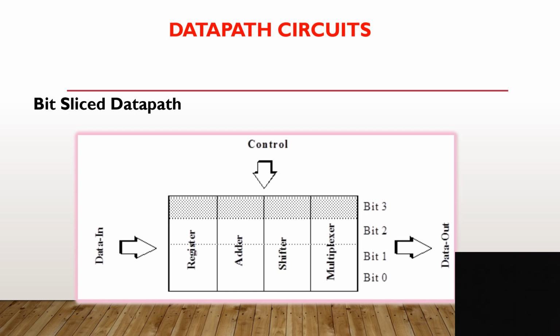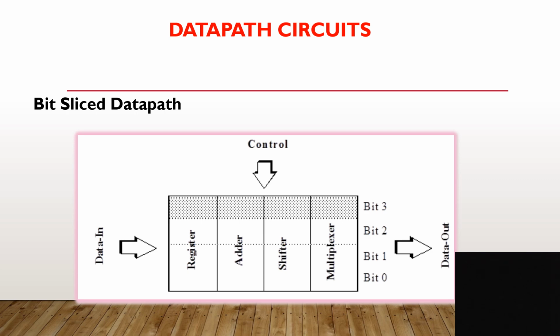Actually, the data path unit is always arranged in a bit sliced organization. What is meant by bit sliced is, for example, if you want to design a 128-bit data path unit in the digital processor, we have to design the data path unit only for 1 bit, and then it will be repeated 128 times, so that we can get the 128-bit data path unit.